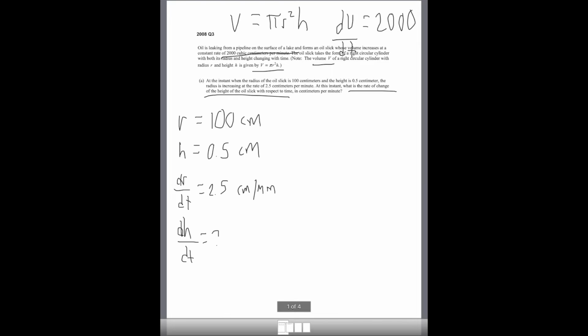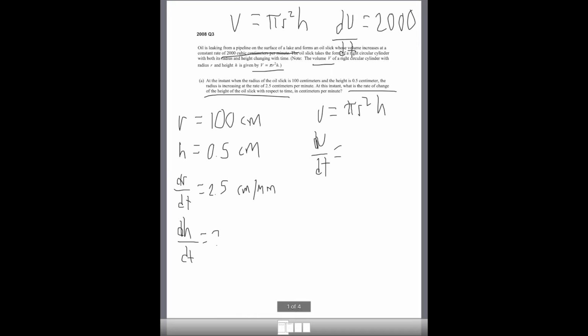So now you write the formula you're given, and then you take the derivative with respect to time. So dV over dt, and this is going to be product rule because it's two variables.